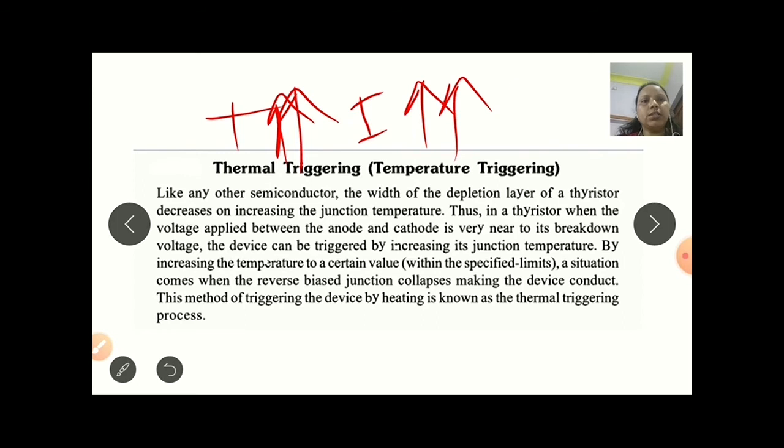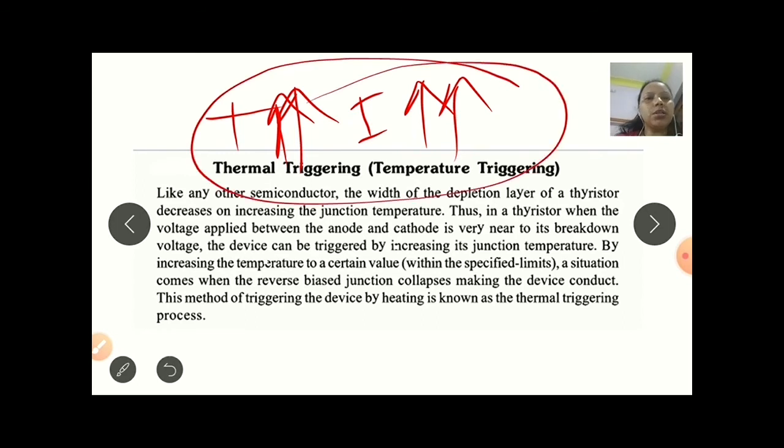So this total process is a cumulative process. Once this process continues, the thyristor may turn on. This type of triggering is known as thermal triggering or temperature triggering, because with the rise of temperature the thyristor can turn on. I will discuss this also in detail after this brief discussion.